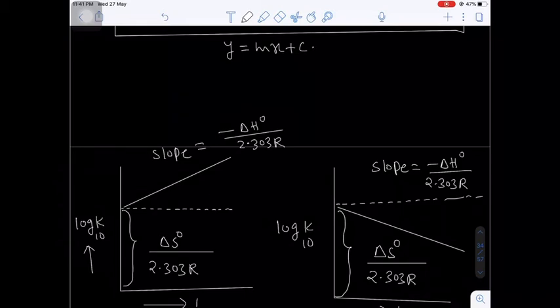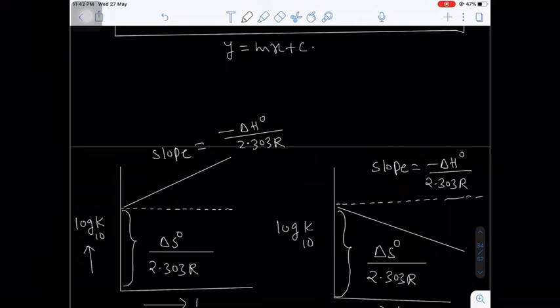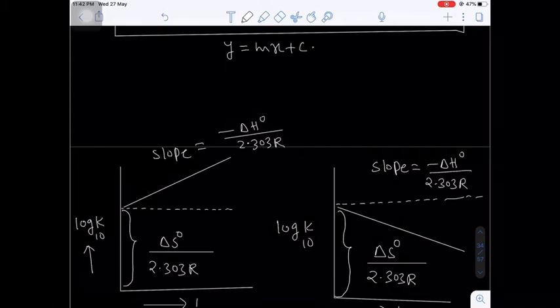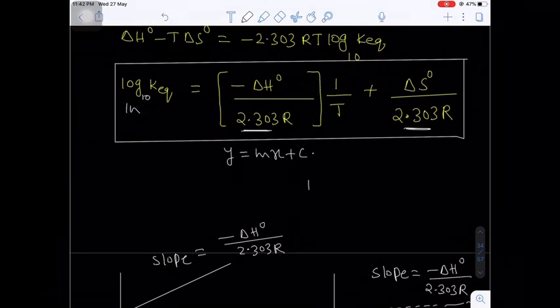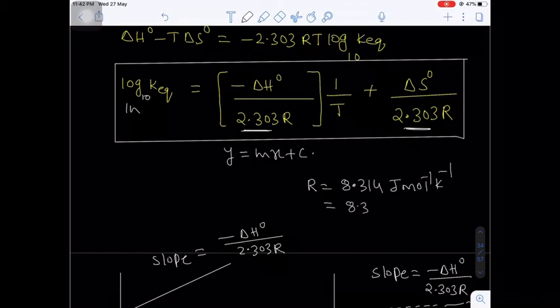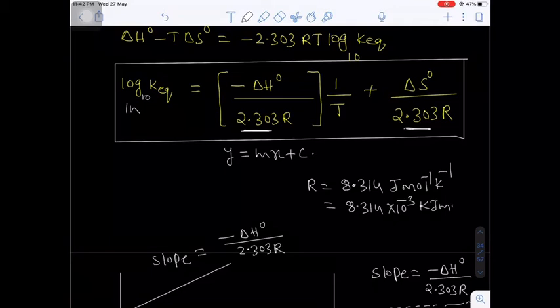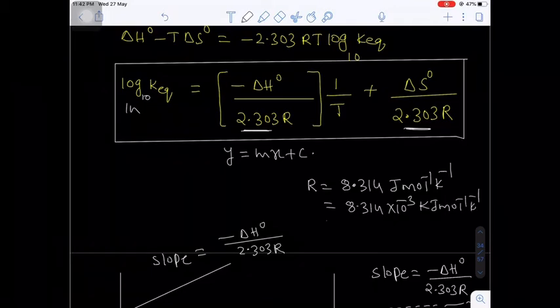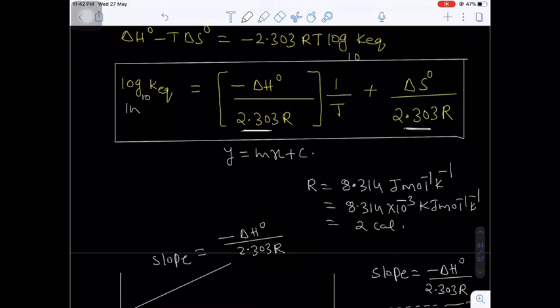Suppose in the question the slope value is given to you, can you find the delta H naught value? Yes, because we know the R value. From the intercept value, can you find the delta S naught value? Yes, that is a very important question. Here the R value, the universal gas constant, is 8.314 joule mole inverse Kelvin inverse, otherwise 8.314 into 10 raised to minus 3 kilojoule per mole per Kelvin.